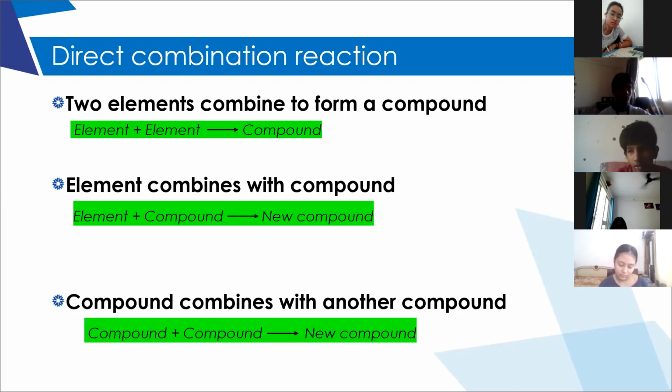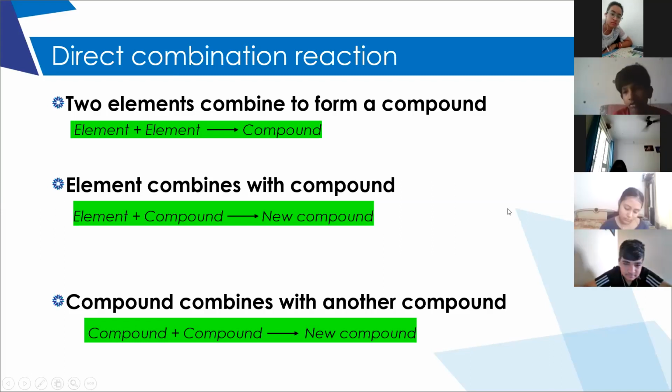Oxygen is an element, it's a molecule, right? So carbon monoxide plus oxygen, what do we get? Carbon dioxide. So carbon monoxide plus oxygen, we will get carbon dioxide.